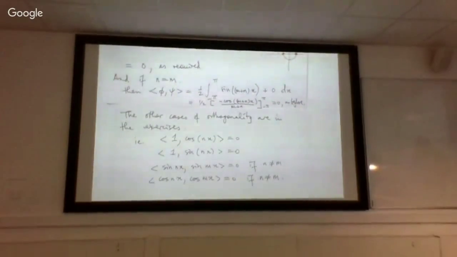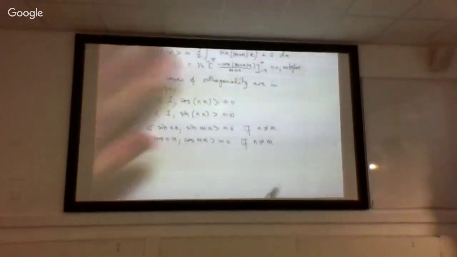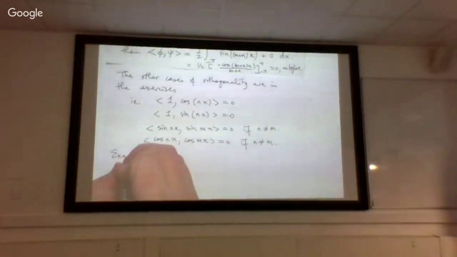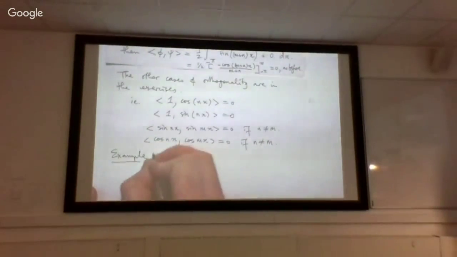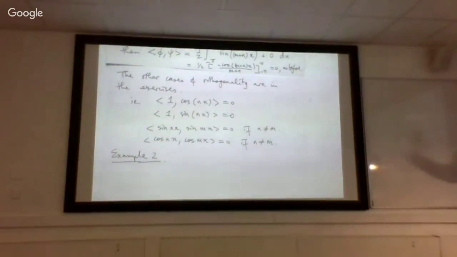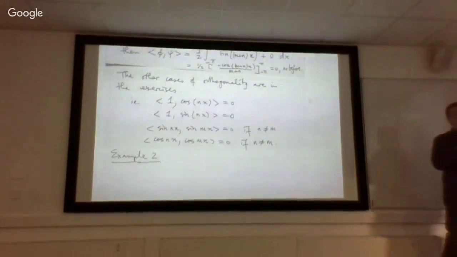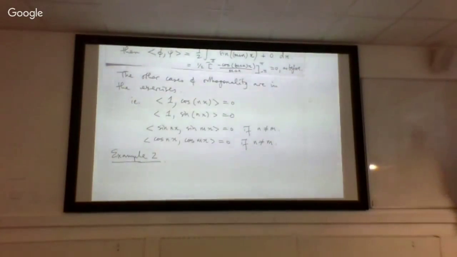Okay, the next example, example 3.2, we'll look at. If we accept that this set of basis functions are orthogonal with respect to the inner product, what happens when you take the inner product of a function with itself? What kind of values come up here?